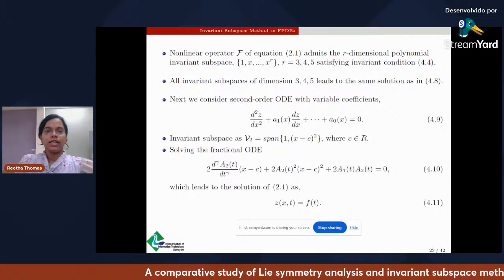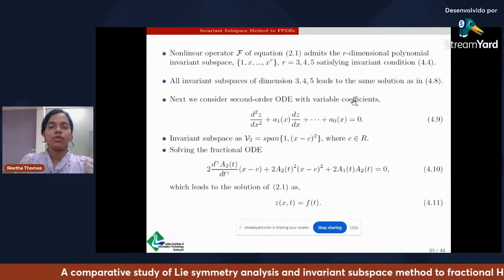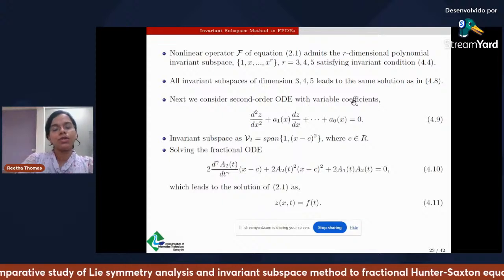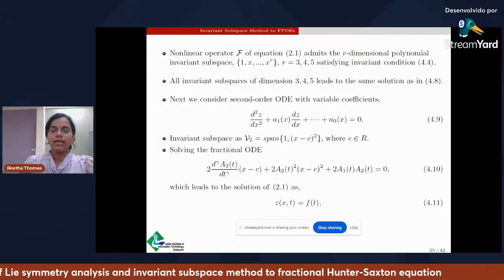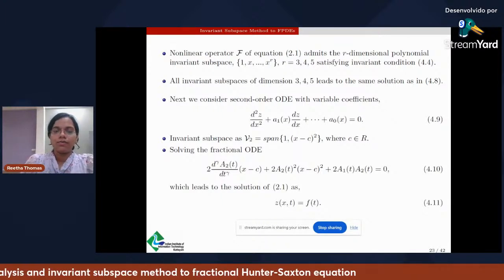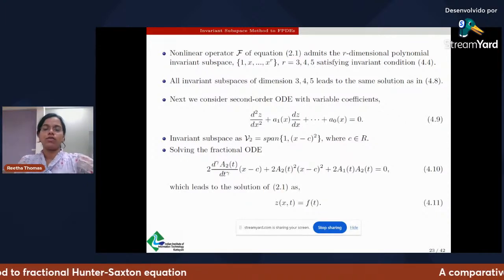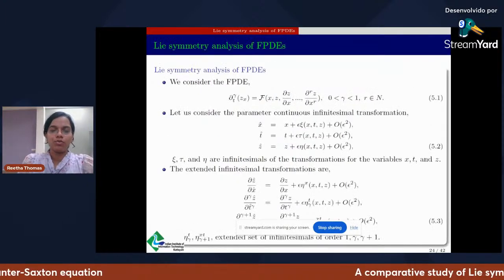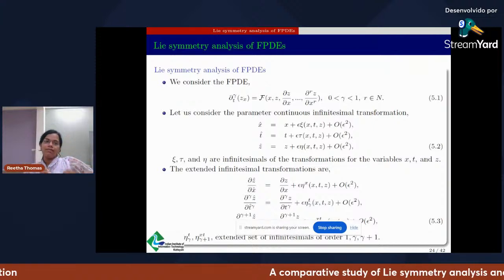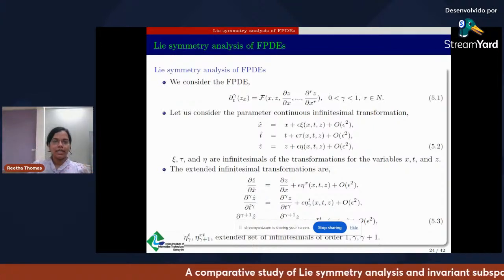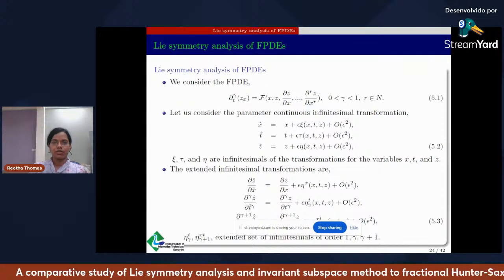But for many other equations, this variable coefficient will lead to more solutions. So this is an extended case of the invariant subspace method, but for this equation it does not make any more change in the solution. Next, we explain the Lie symmetry analysis of fractional PDE for the Hunter-Saxton equation.